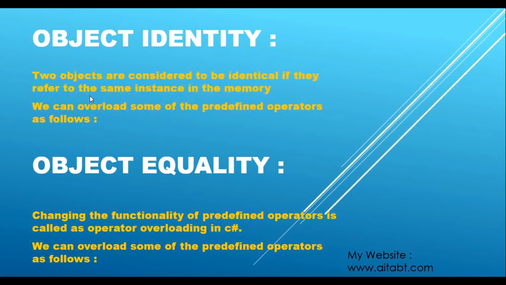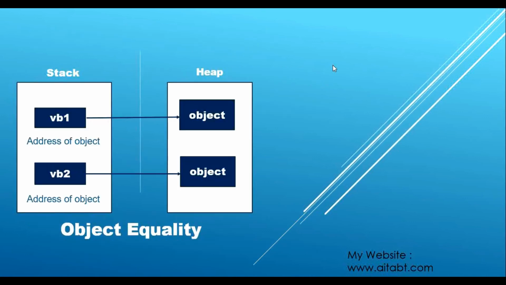If you really understand the concept of call by value and call by reference, or pass by value and pass by reference, which I explained in one of the previous tutorials of this series, then you will understand object identity and object equality. If you have understood call by value and call by reference, you will understand this.